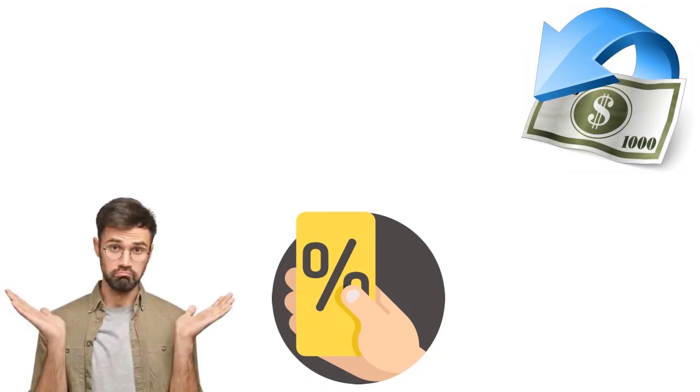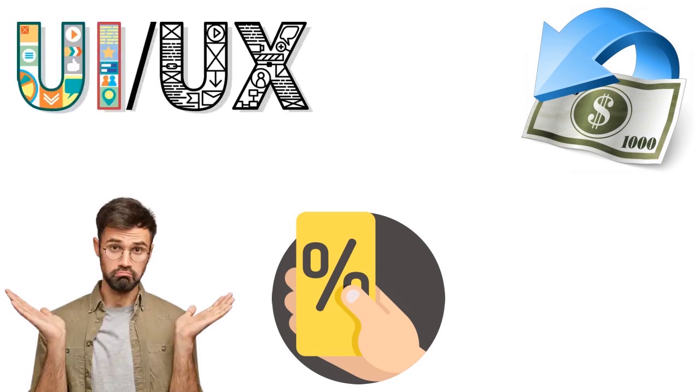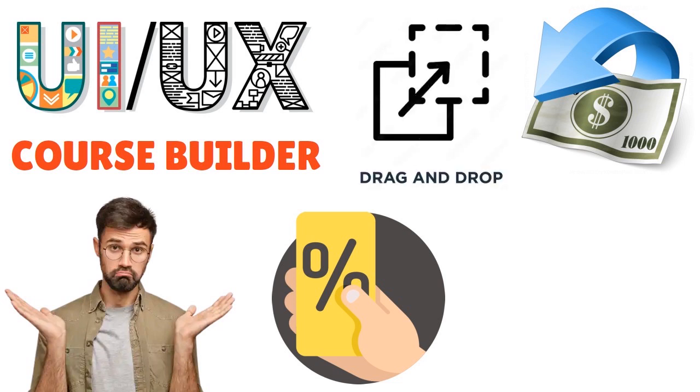Now, first, let's talk about ease of use. No problem. Those two platforms perform pretty well in terms of UX, user experience, but also UI, user interface. What about the course builder? The course builder is also pretty strong. They have drag and drop course builders that you can use to upload and structure your course content very easily.